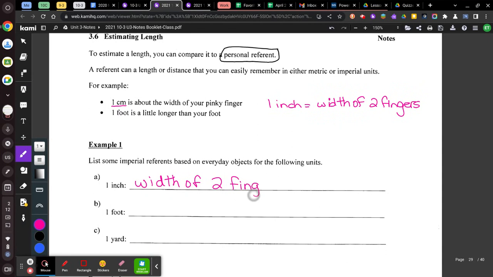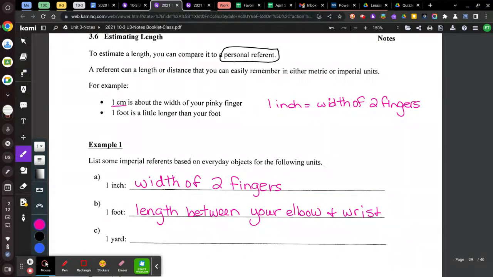Doesn't matter which fingers. 1 foot, well, that's about the normal size of your own foot or the length between your elbow and wrist. That is the length of a foot. So from about here to here, that's about the length of a foot. We always think of Subway for the foot-long sandwiches, right? So the Subway sandwiches, those are a foot long.